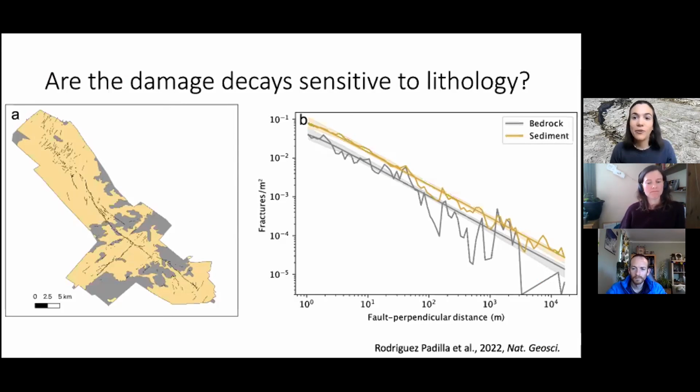That's a great question. I don't know. Here we try to keep things very, very simple. We just wanted a first order constraint on what makes the LCRF slip. I know that people have worked on simulating things like bimaterial interfaces and seeing how that influences rupture linkage between the San Andreas and the San Jacinto faults.